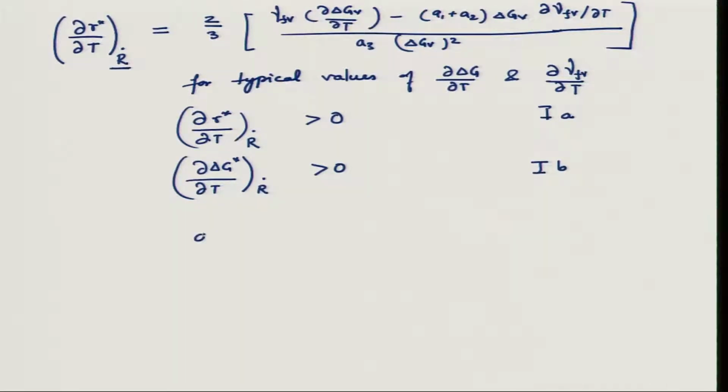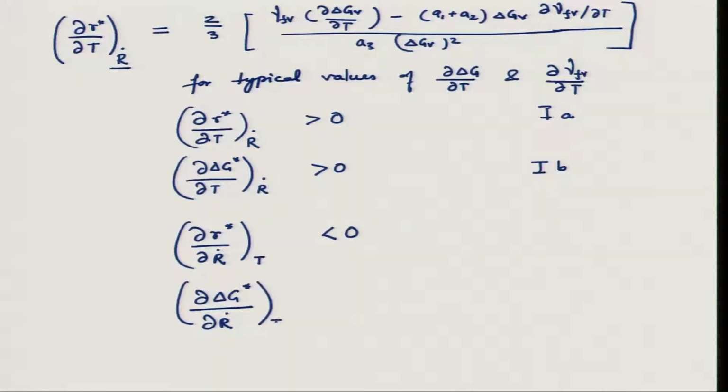So, if we do that, then we will get dr star over dR, the change in the size of critical radius of stable nuclei with deposition rate at a constant temperature, and this will be less than 0. Okay. Similarly, we can calculate the energy barrier with respect to deposition rate, which is less than 0. We can call them 2A and 2B.